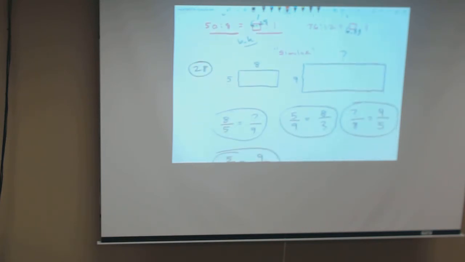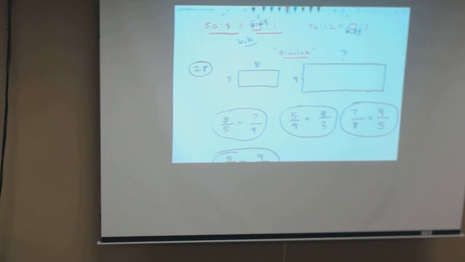Number 28. When it says similar triangles, that means the dimensions are proportional. So if it says these two rectangles are similar, or these triangles are similar, as soon as it says similar, you know that the corresponding dimensions are proportional.